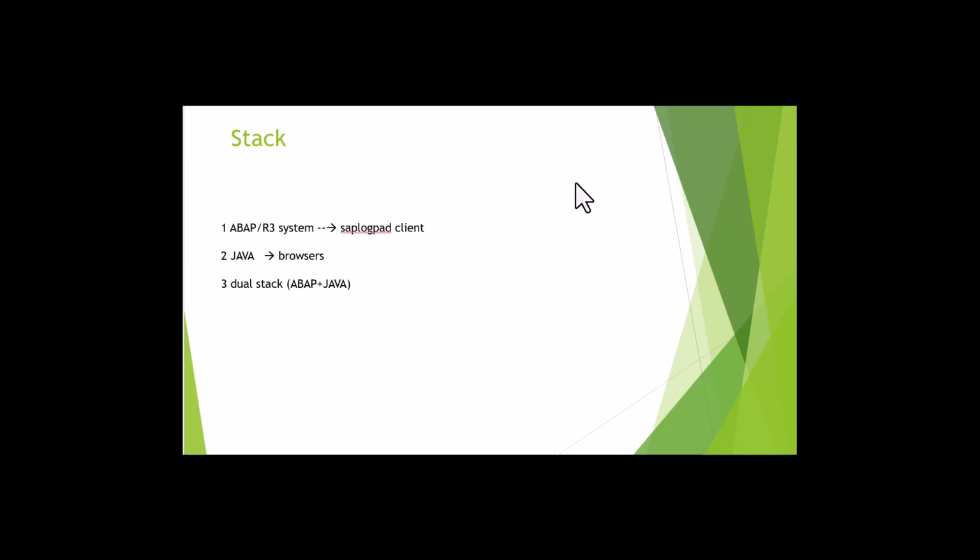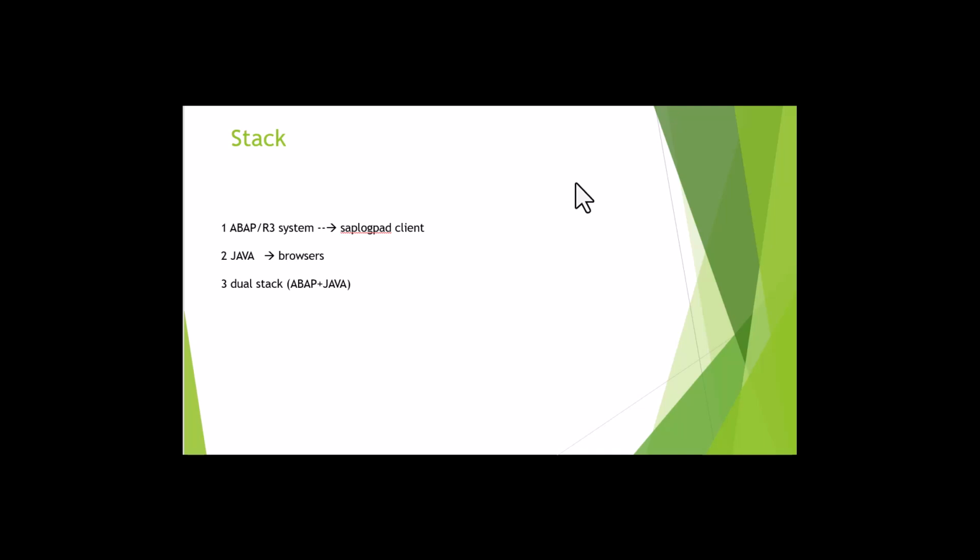Another one, the third type, we call a dual stack. Currently we don't have dual stack systems. What SAP has done is split it into two parts: either an ABAP system or a Java application server type system. So ABAP stack or Java stack.